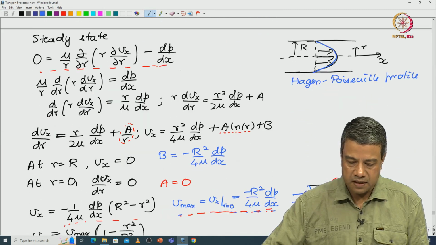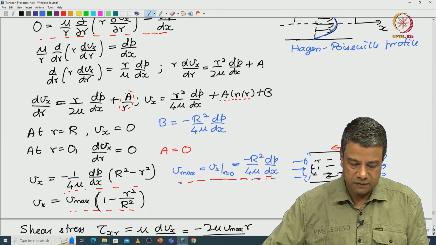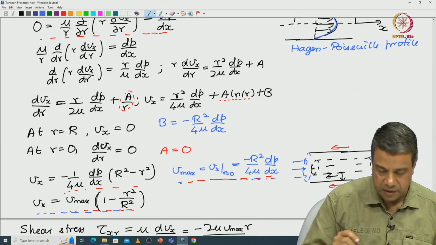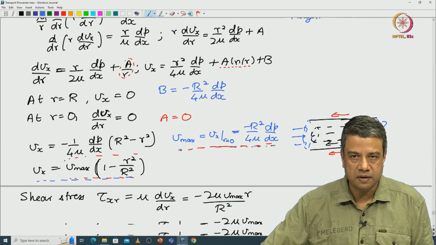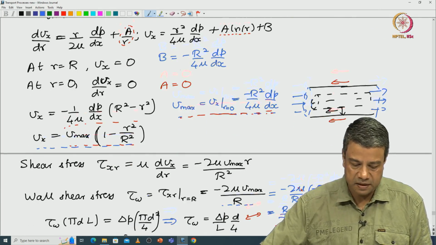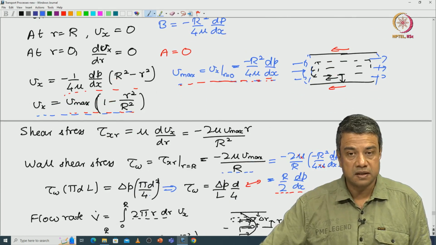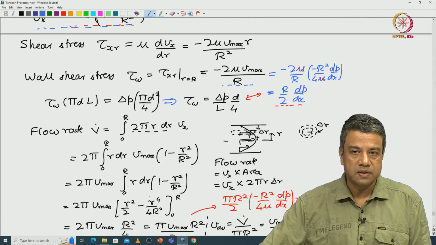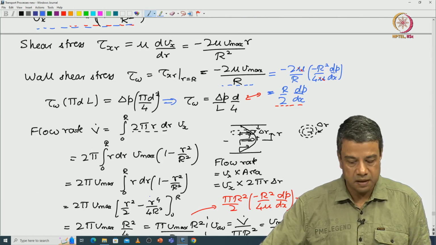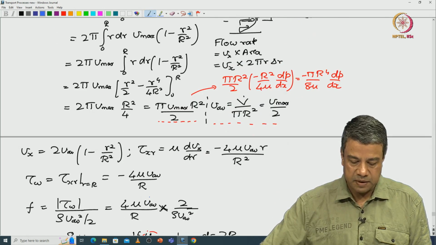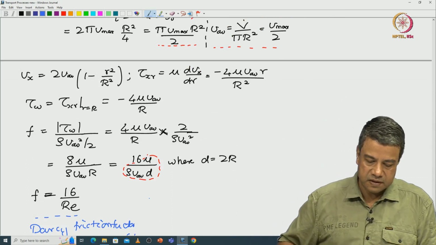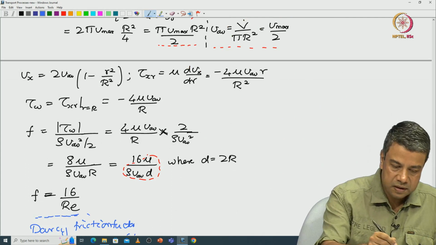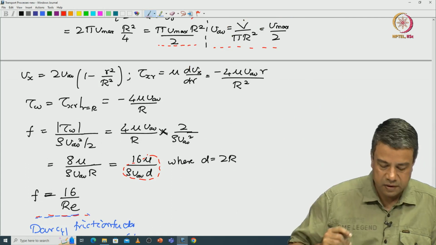Based upon that, we had derived the velocity for a Newtonian fluid, and derived an expression for the velocity as a function of pressure gradient, the maximum velocity and the shear stress. The shear stress was a linear function of position, the velocity was a parabolic function, a Hagen-Poiseuille flow. And based upon that, we had derived an expression for the friction factor as a function of Reynolds number for a laminar flow for a Newtonian fluid.